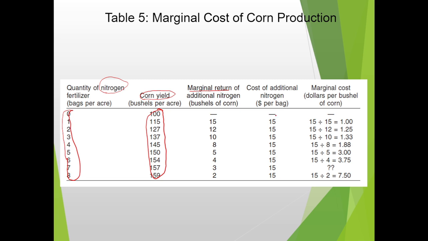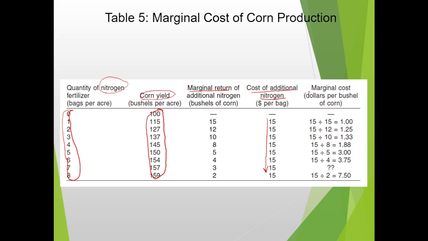Now what we are doing in this particular table is we are introducing one more thing, that is the cost of additional nitrogen. And what is the cost of additional nitrogen? It will remain constant because one bag of nitrogen costs $15, right? So the cost of additional nitrogen will remain constant.